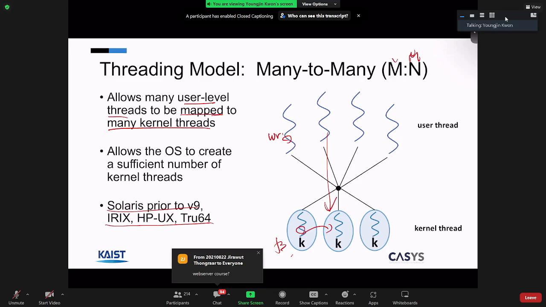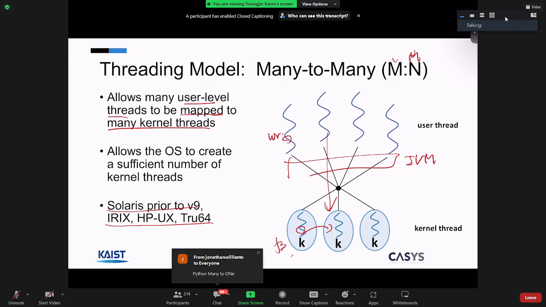Depending on the language, some languages support the many-to-many model. Go? I think Go is also clear. C++? Python? I'm not sure Python is a many-to-many model. Exactly, the JVM. Python is many-to-one. Good to know. I didn't know that Python is many-to-one.